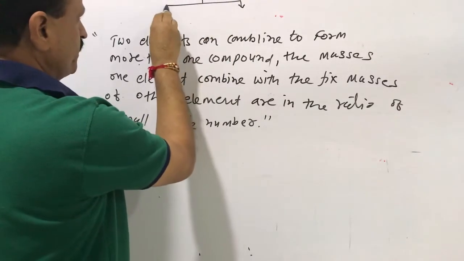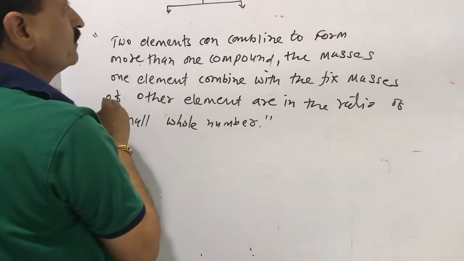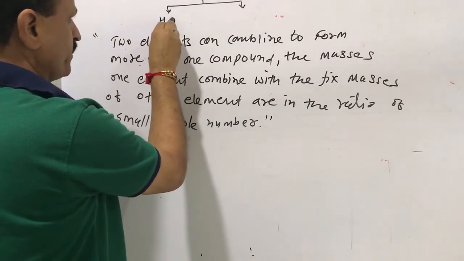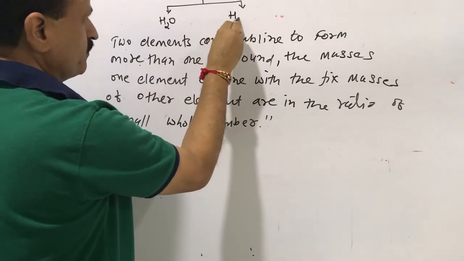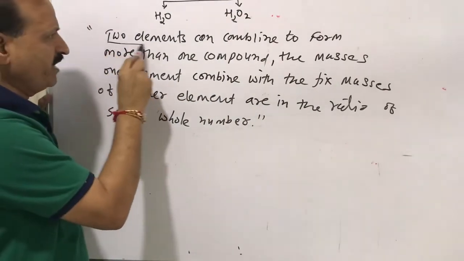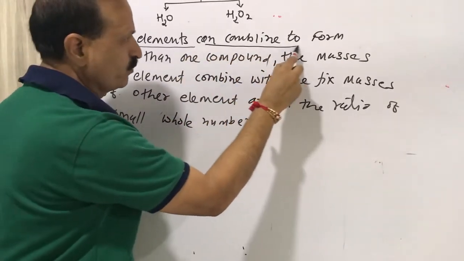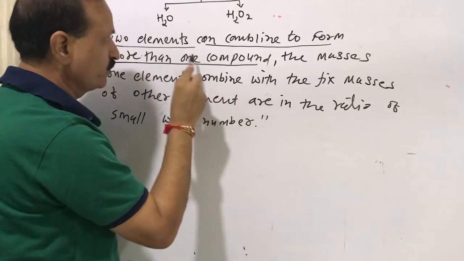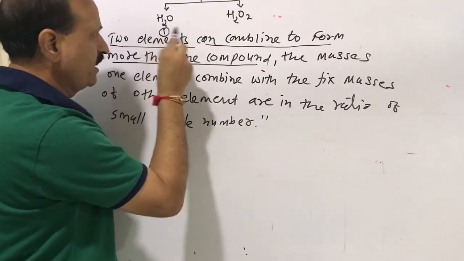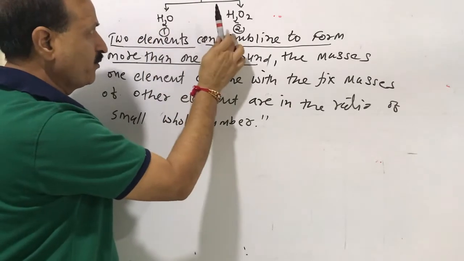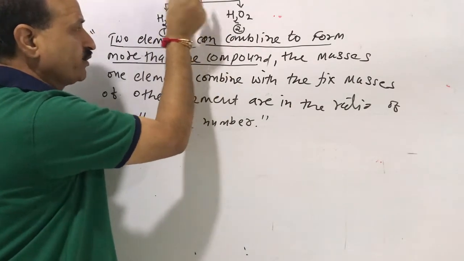Hydrogen and oxygen chemically combine with each other to form more than one compound. One compound is H2O, another compound is H2O2. So this compound is 1 and this compound is 2, and in these two compounds the elements are only two.